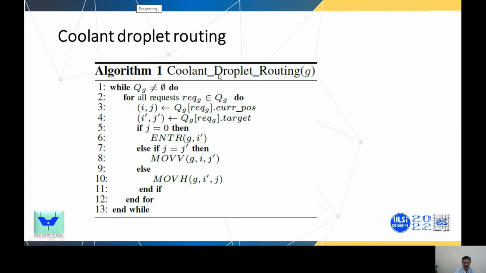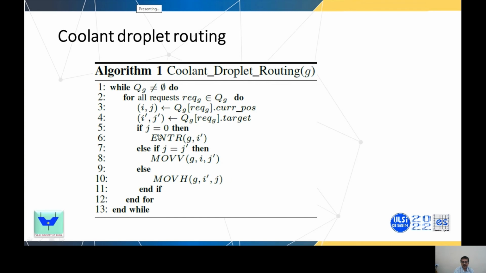The coolant droplet routing uses a queue. This algorithm is run by the thermal management unit of the processor, where each grid has a queue in which the target position, the hotspot position coordinate, is stored for each request, as well as the current position of the droplet.